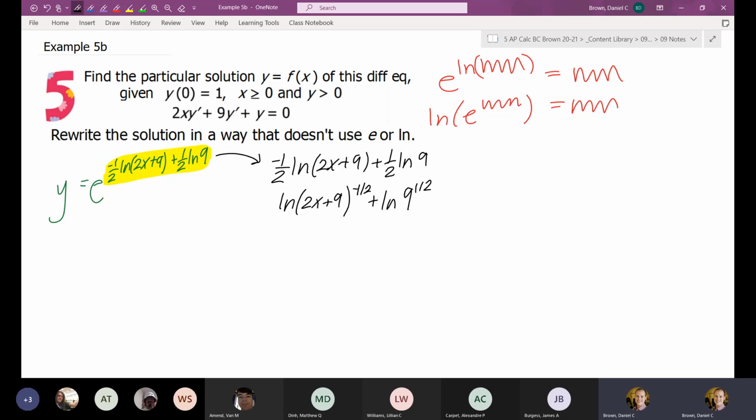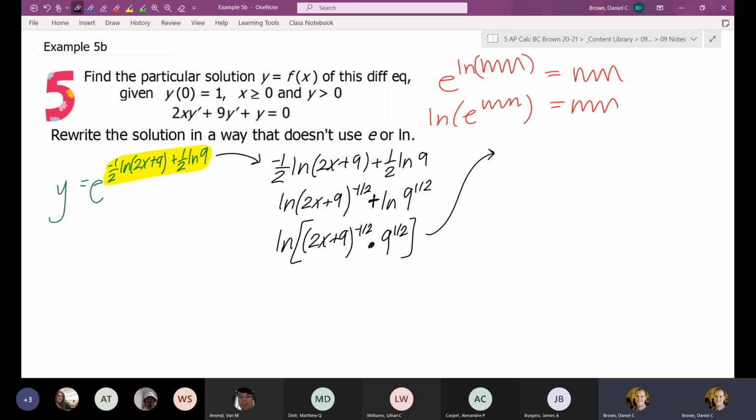And then I see that we are adding these. When we are adding two logarithms, then we can combine them using the product rule for logarithms as multiplication. So I have the natural log of 2x plus 9 to the -1/2 times 9 to the 1/2, which is just 3. But now we've taken this exponent from a complicated exponent to a slightly more simple exponent.